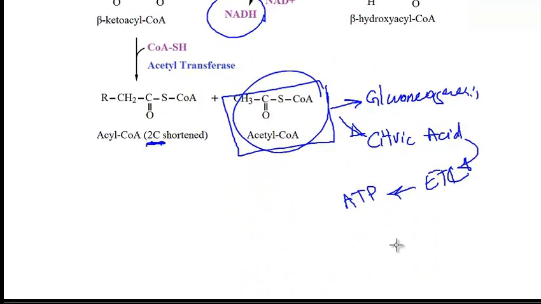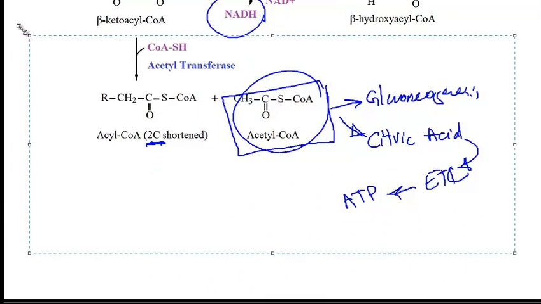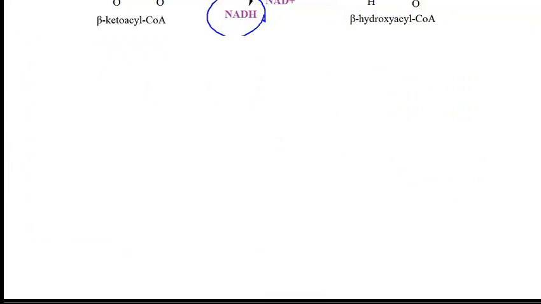Now, a few other points I'd like to mention here is, so far we've been assuming that the molecule that is undergoing oxidation has an even number of carbons. But what if we have an odd number fatty acid? What happens then?